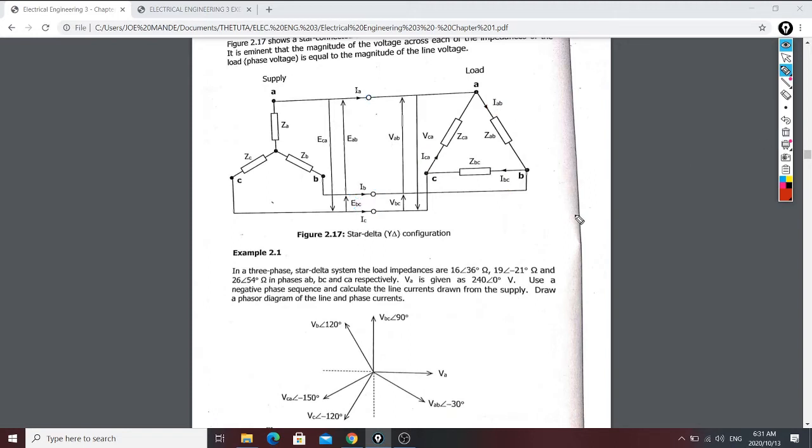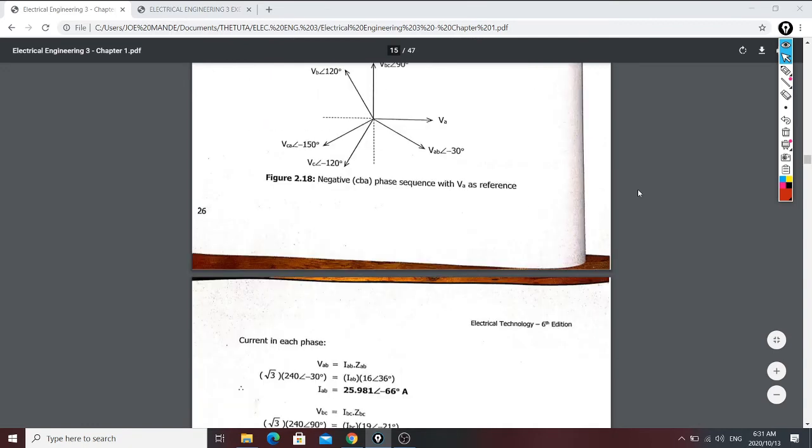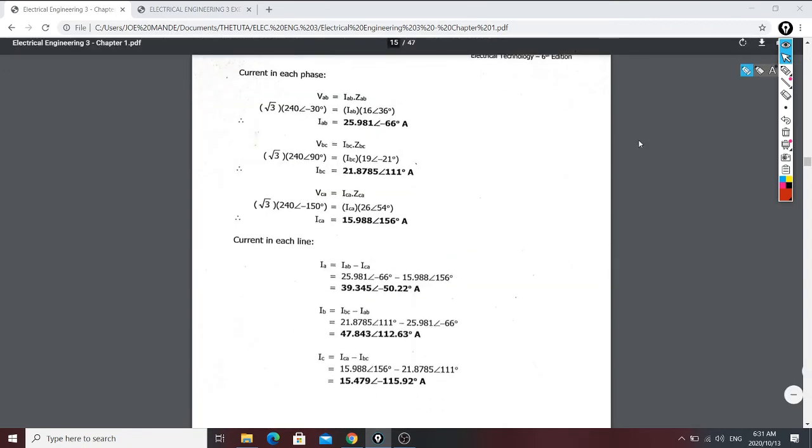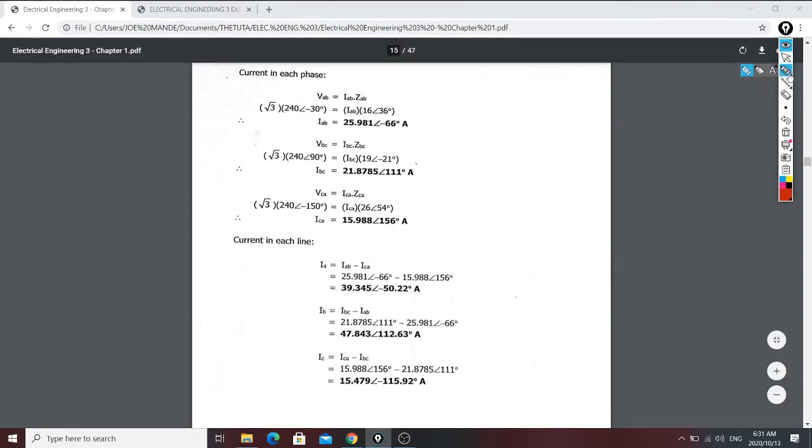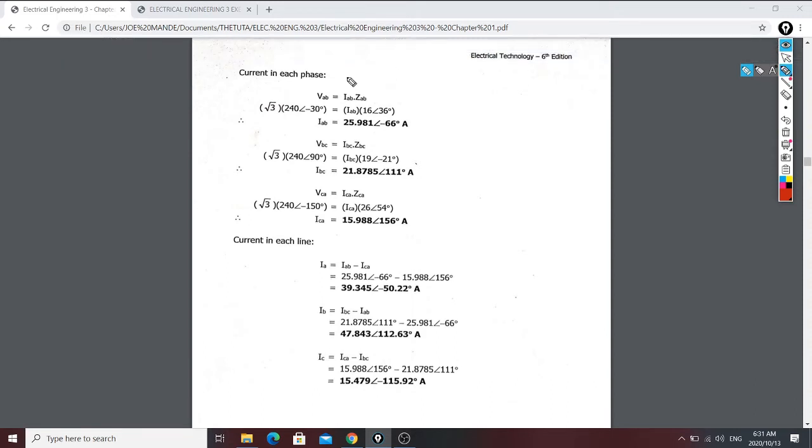When you go down here, you will see that the calculation of IAB is just Ohm's law once you have mastered your phase sequence. So you calculate your IAB, which is the unknown. But remember, we changed this to √3 times 240 because our given voltage was a phase voltage. You do the same for BC, and the same for CA.